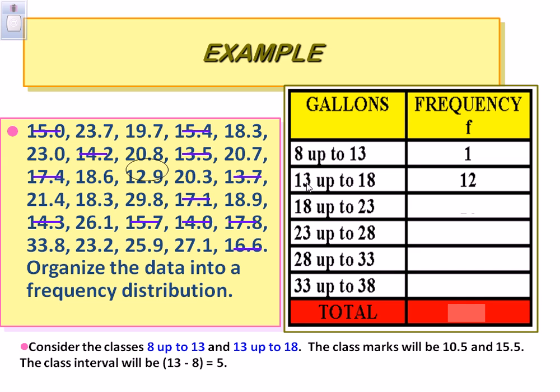There are 12 that fall in that range. From 18 to 23, that's the red ones, there are 10. From 23 to 28, there are 5. From 28 to 33, there's 1. And from 33 to 38, there's 1. Now what should the total be? 30, because we had a sample of 30. So good, our frequency should add up to the total.